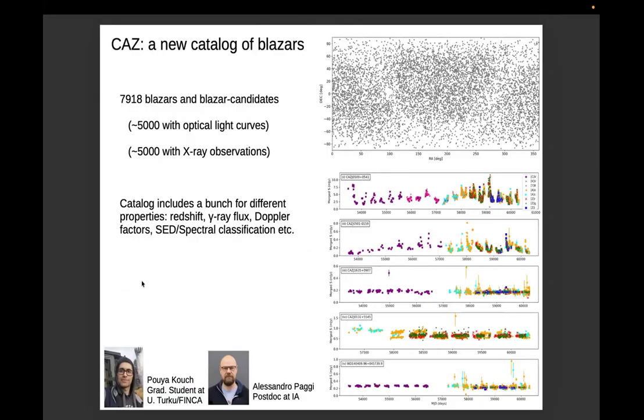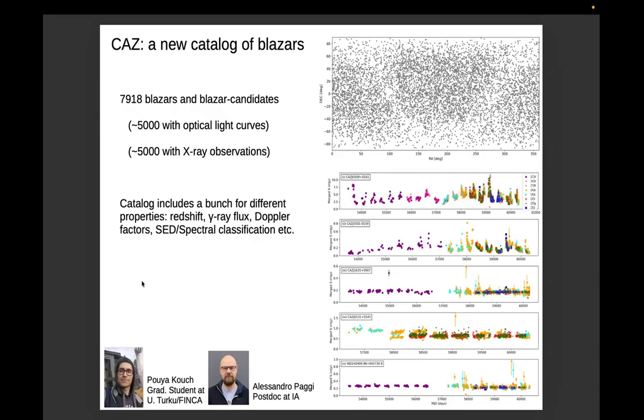He combined all known blazars, roughly 8,000 sources, and went into all the different databases for ATLAS, ZTF, and wherever you could find publicly available data, and combined everything into light curves that you can see over there. We have light curves for about 5,000 blazars, which look pretty good.